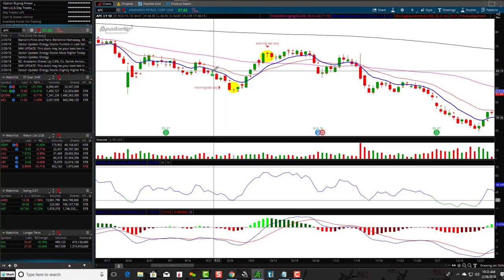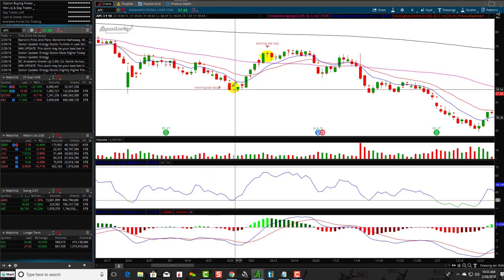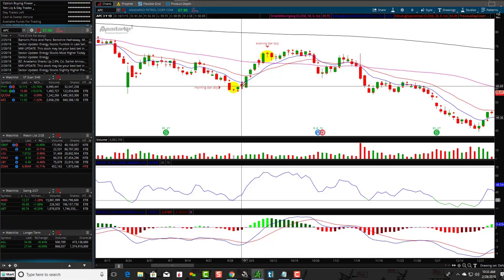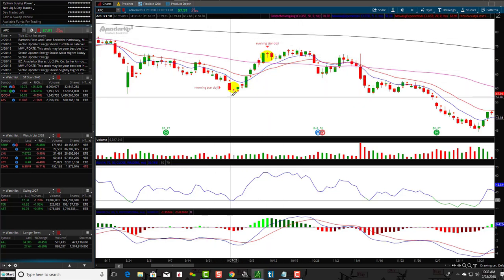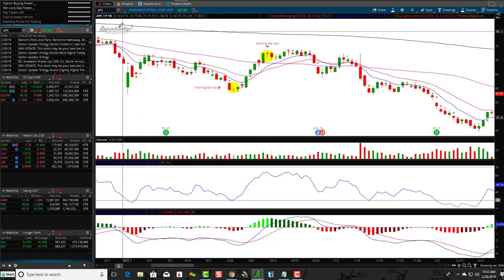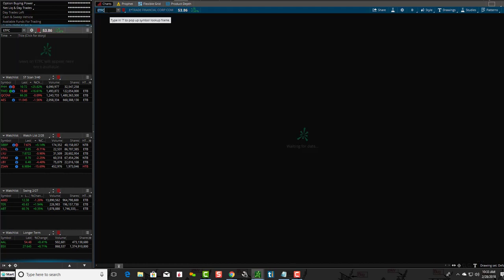Again, not necessarily going to be perfect, stopped a downtrend and created a reversal. And as you can see, a little bit of a doji here, and then it went back up, right? So these are very important. I'm going to get into evening star dojis and evening star as well, but just focusing on this one right here, morning star doji. Let's look at ETFC.